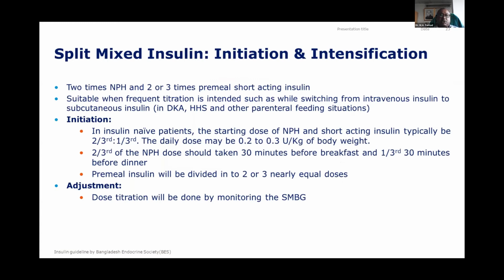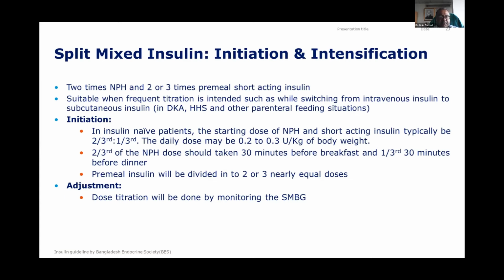Initiation in insulin naive patients, the starting dose of NPH and short-acting insulin typically is two-thirds to one-third. That means two-thirds should be NPH and one-third should be regular insulin. You can calculate the dose like this, 0.2 to 0.3 unit per kg body weight.